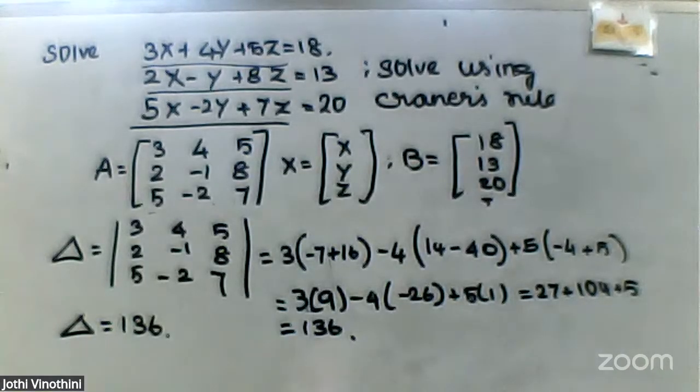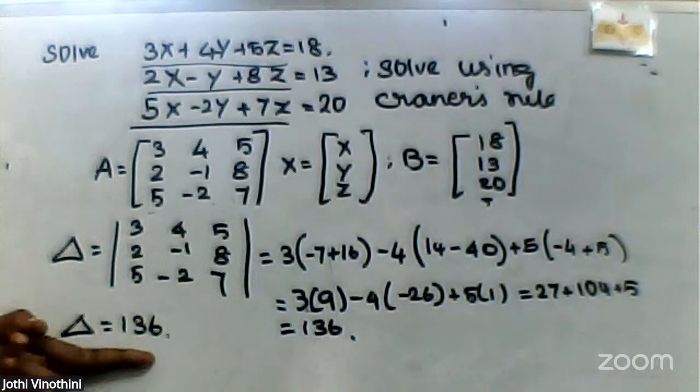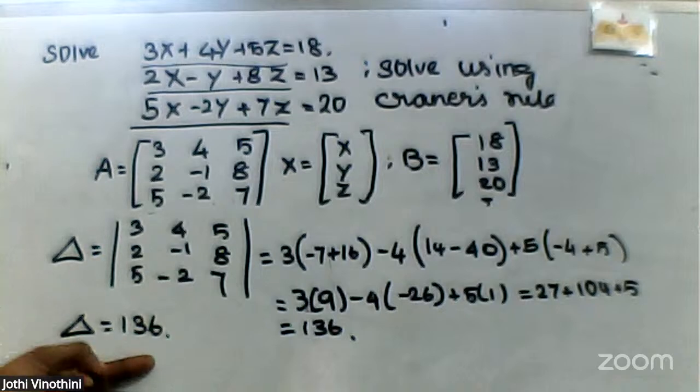So initially we have to find del. So we take the determinant of matrix A, right? We solved it and we will get del equals 136. I will give you 1 minute so that you can copy this and we will move to the next step.